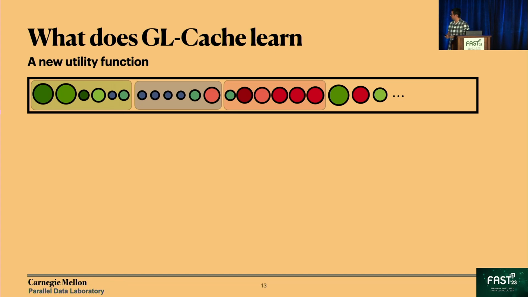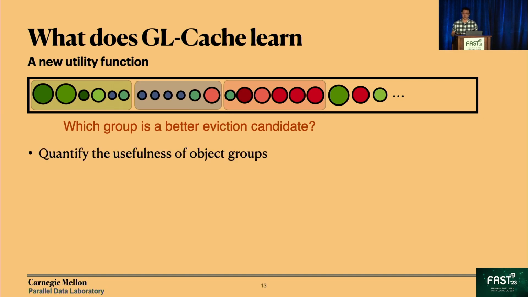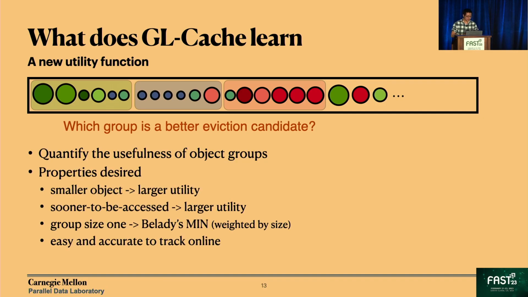Now with object groups, how do we compare them? Unlike objects, where you can use when they will be requested in the future to compare them, with groups there is no such metric. So we designed a new utility function to quantify the usefulness of object groups, and we want it to satisfy the following properties. First, if the group contains mostly small objects, then it should have a larger utility.